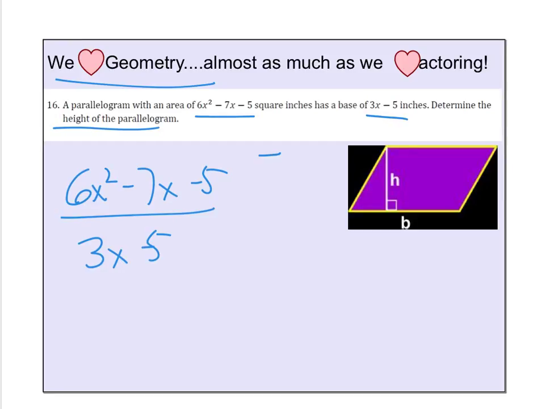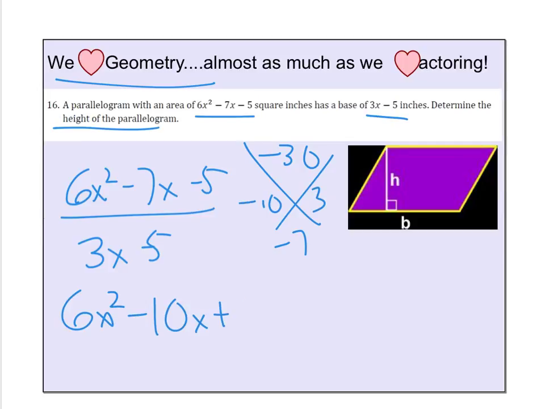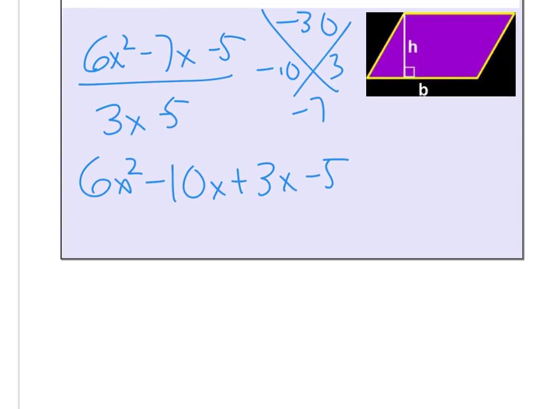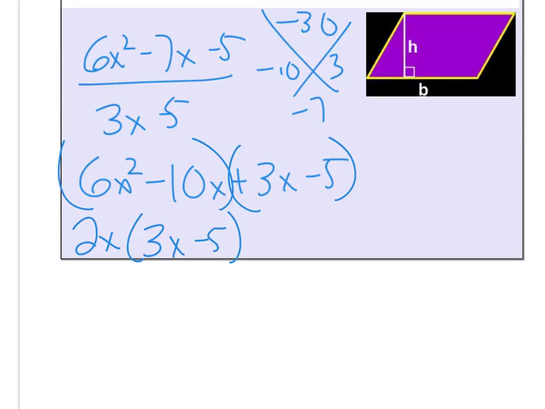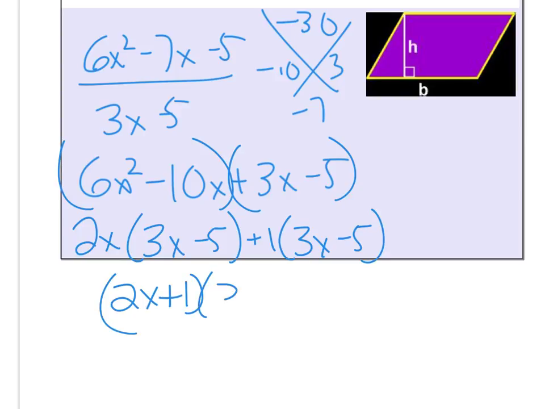So my first attempt will be to factor this, and I can do that. That's going to be 2x. Be left with 3x minus 5 plus 1, 3x minus 5. 2x plus 1, 3x minus 5.